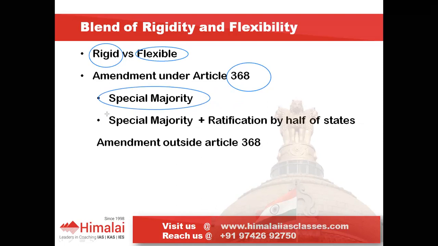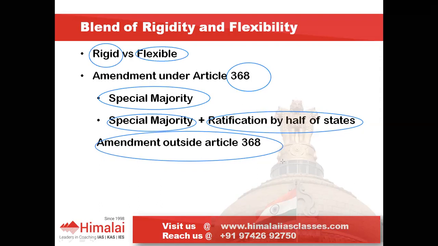And for some of these amendments, it needs first a special majority in both houses, plus the amendment has to be supported by at least half of the state legislatures, which makes it very tough to change.